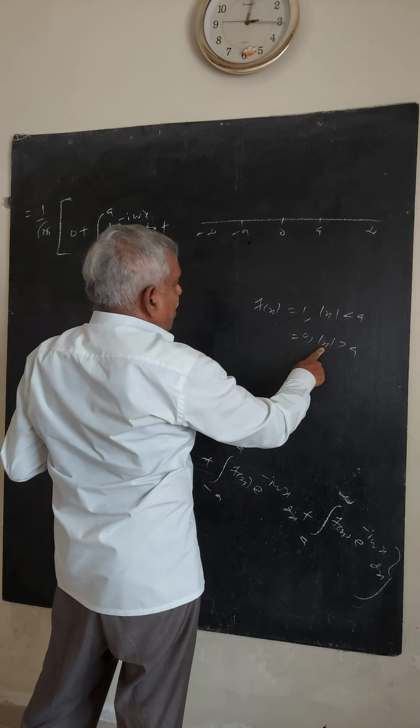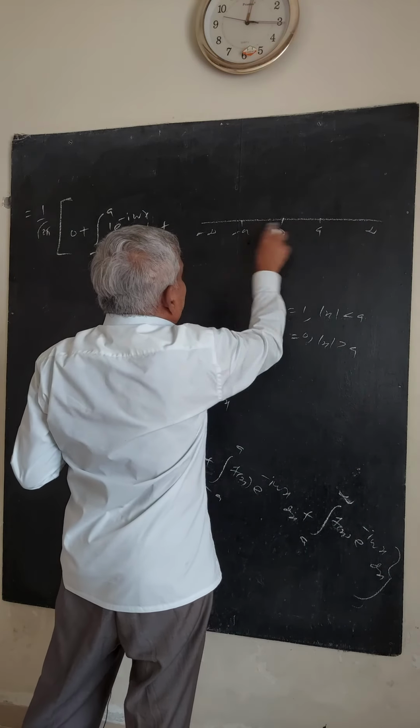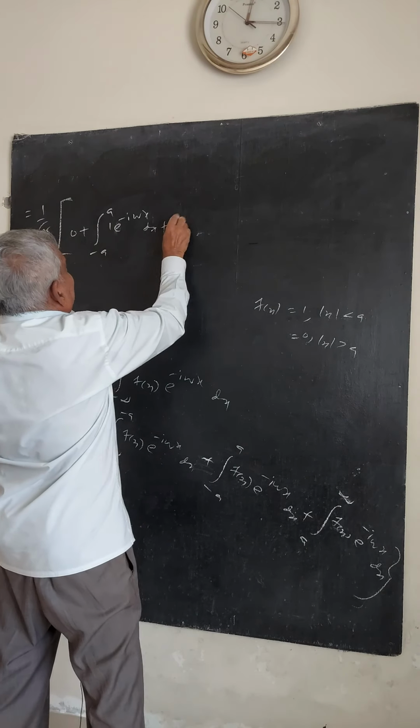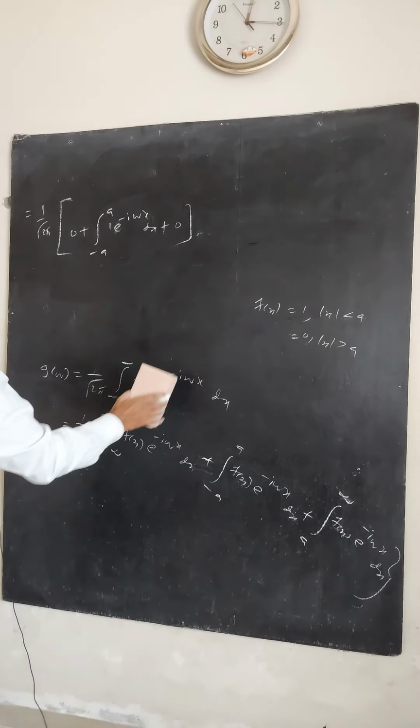This denotes modulus of x greater than a, the remaining two areas where f of x is 0, therefore plus 0. It is over.